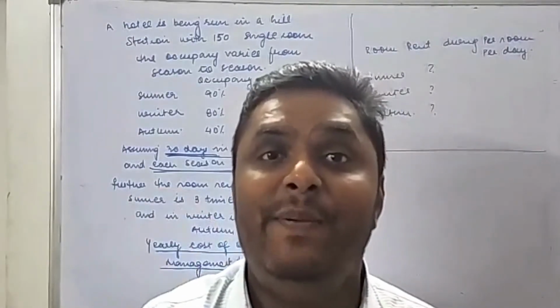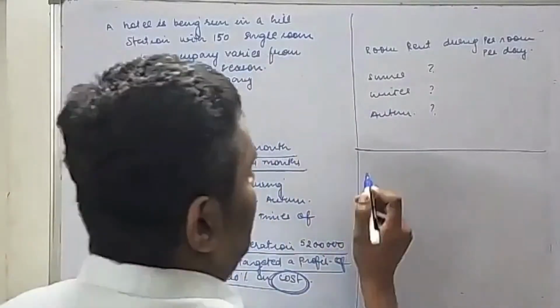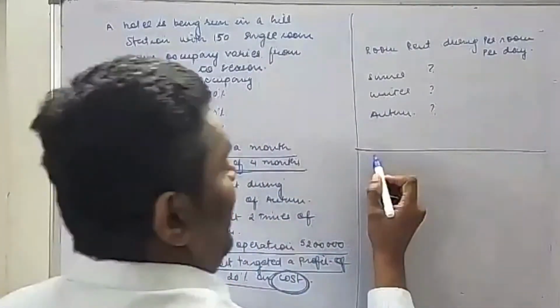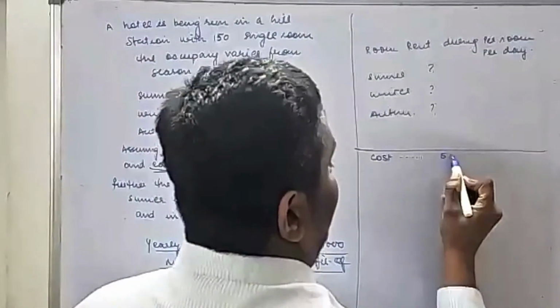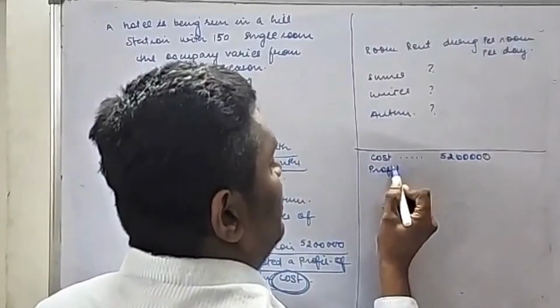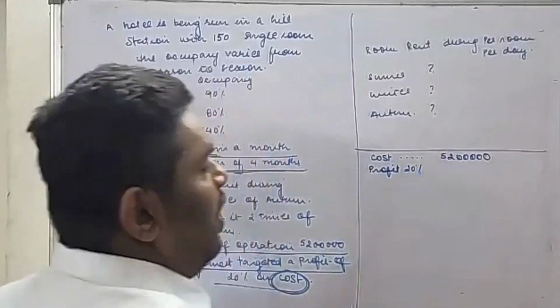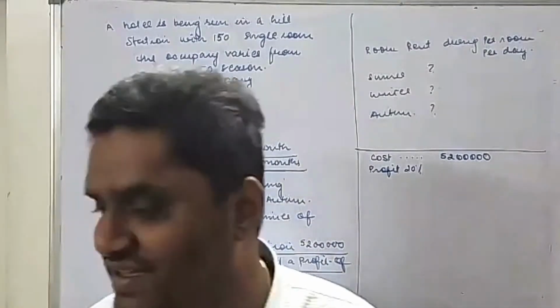It is 20% profit on cost. So my cost is how much? 52 lakh. My profit is how much? 20% on cost. So my profit will be how much?